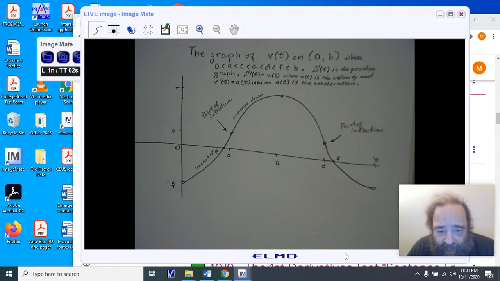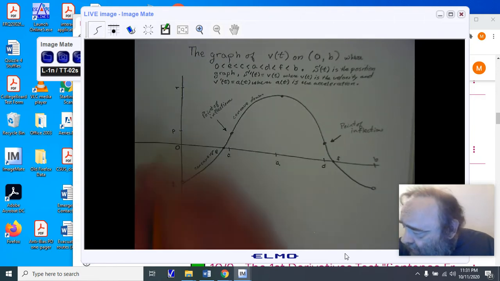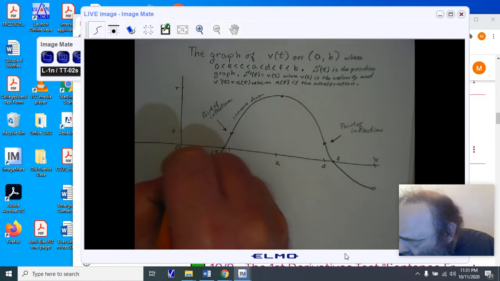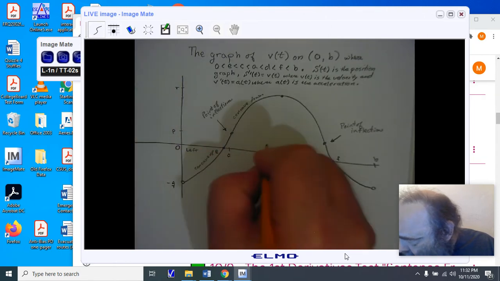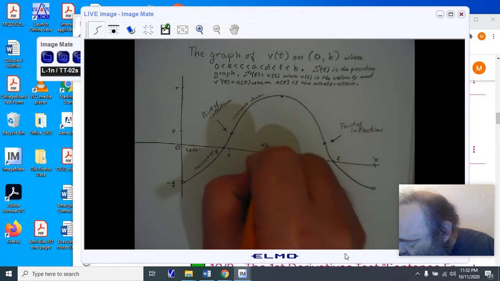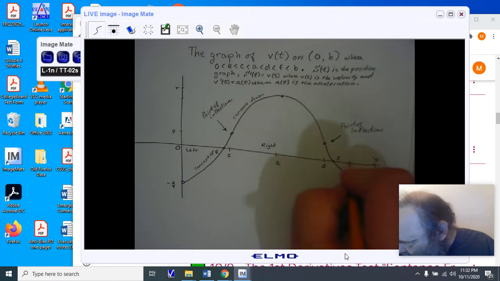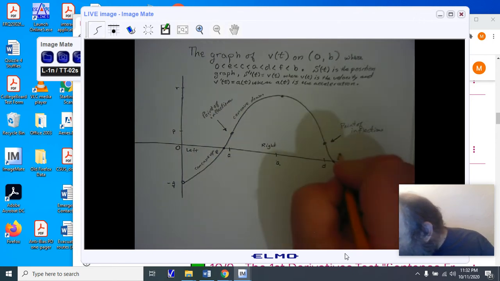One of the things happening here, and I want you to be aware, is that we're moving left, as we talked about in the previous video, and right, and left again. We have two points of rest position, so the particle is at rest.